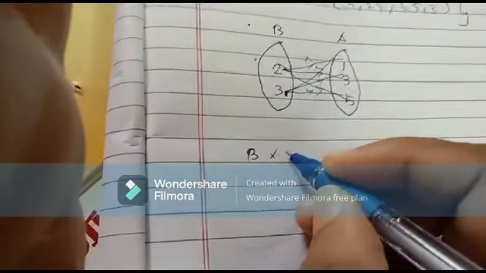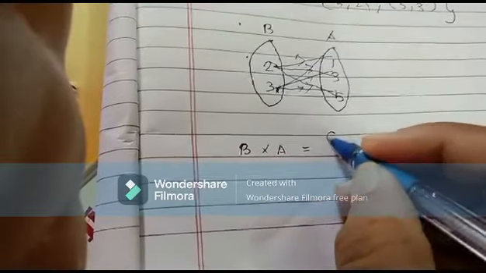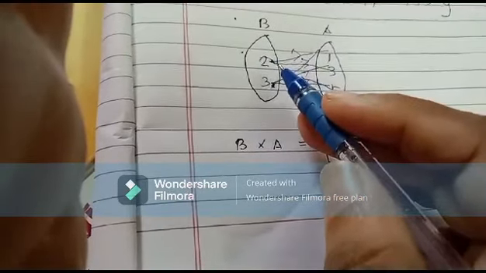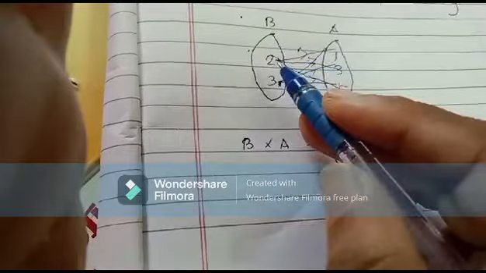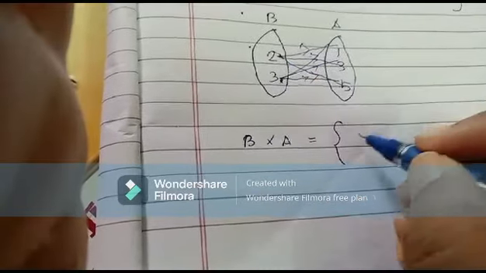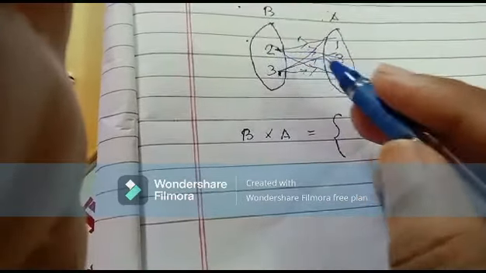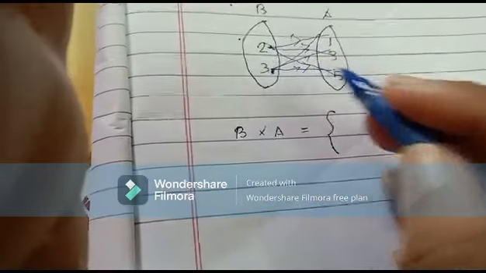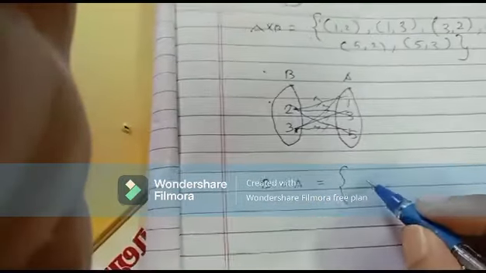B cross A, so what are the elements? 2 I matched with 1, 3 and 5, right? So 2 comma 1, 2 comma 3 and 2 comma 5. So we have to write all those things.